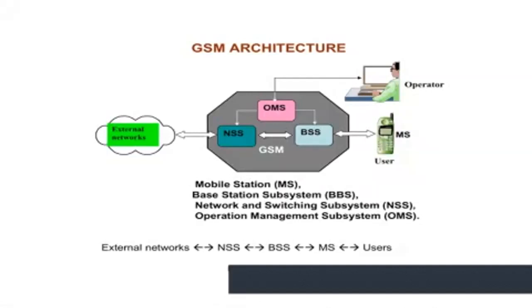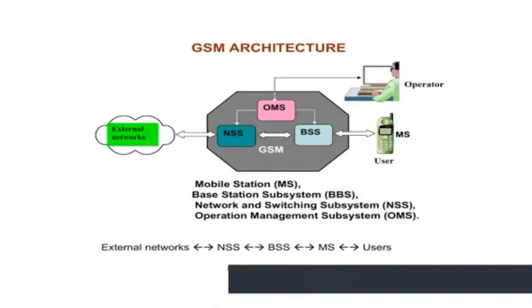The GSM network has 4 separate parts that work together as a whole: the mobile device itself, the base station subsystem BSS, the network switching system NSS, and the operation and support system OSS. This can be seen with the help of the diagram also.